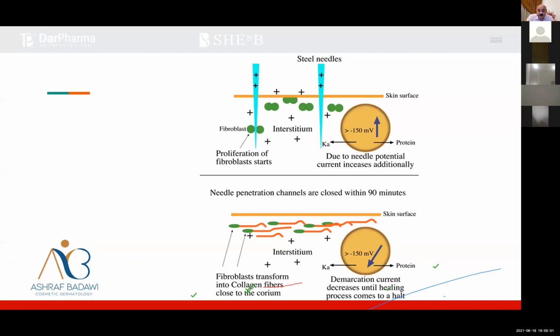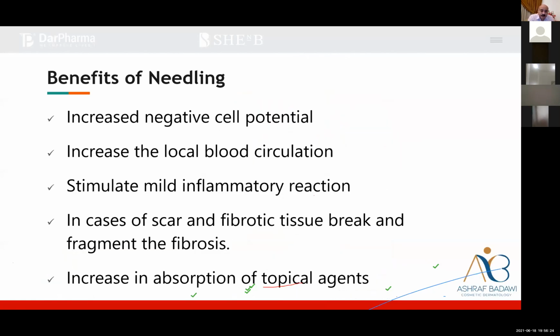Fibroblasts will synthesize new collagen. In addition to that, when we insert multiple needles into the skin, we are going to see that there is hyperemia, increased blood circulation into the area. And with the blood circulation, we are getting more nutrients and more growth factors to the area. And this is increasing the viability of the area we are treating. So we can see that there are multiple mechanisms of action of the needling of the skin.